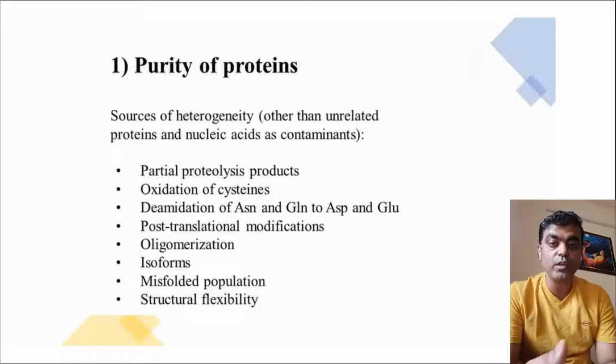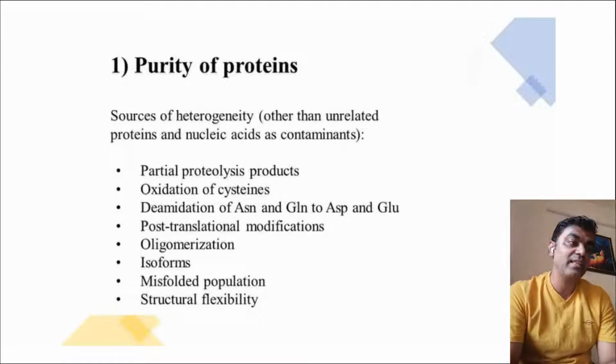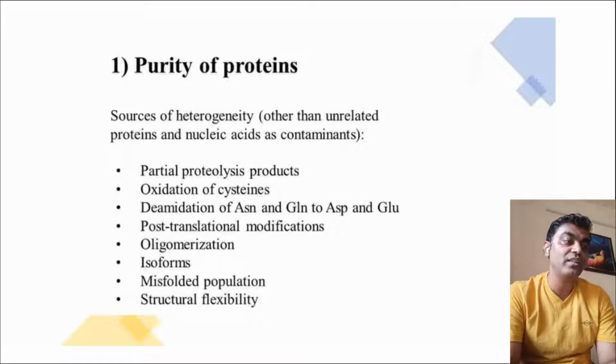Amide is a functional group which may change in the process, and that may lead to a change in the amino acid sequence. So this process also has to be taken care of, otherwise the amino acid sequence of the protein will change, and that will lead to a non-homogeneous structure.